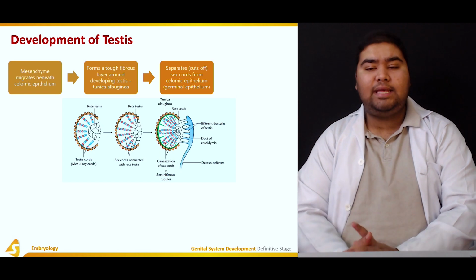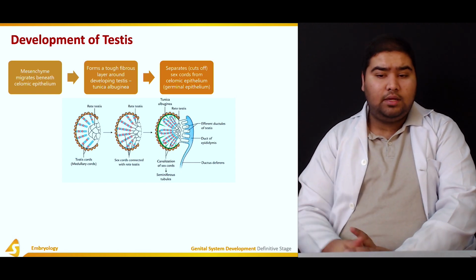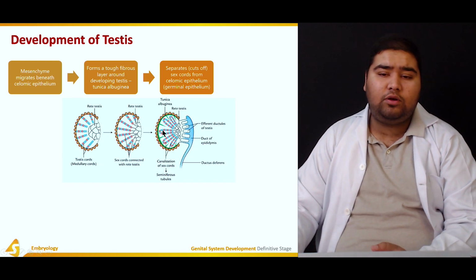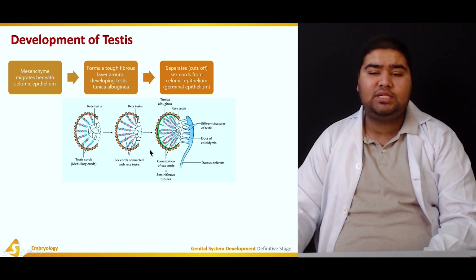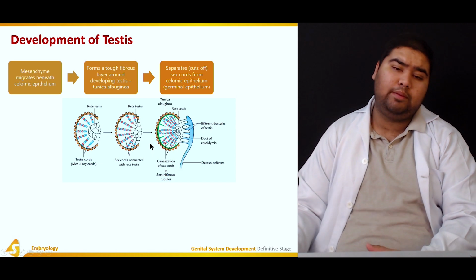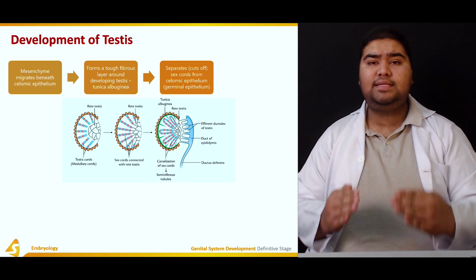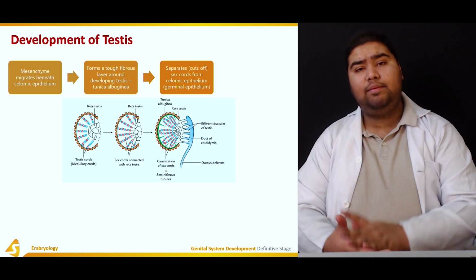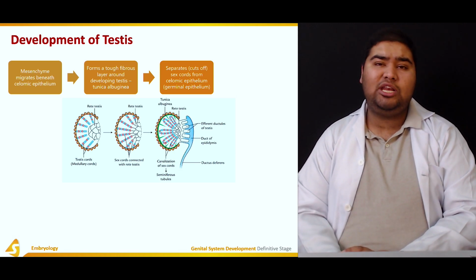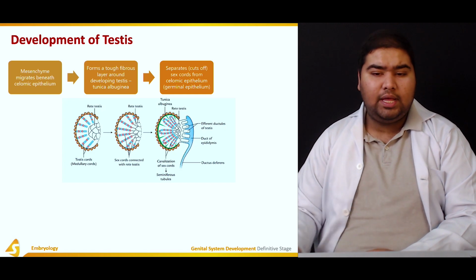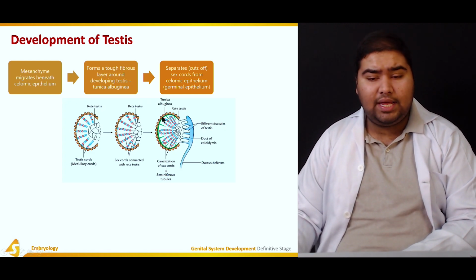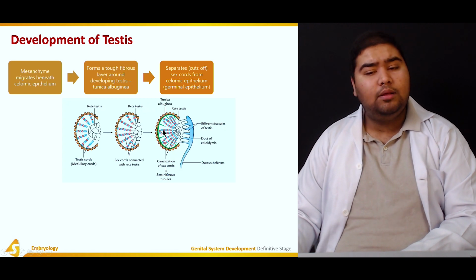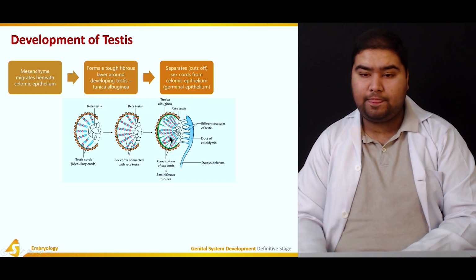So it separates the sex cords, which are now called the seminiferous tubules, from the coelomic epithelium, which is the germinal epithelium. Here you can see this layer in green is separating the layer in brown and the layer in blue and pink.